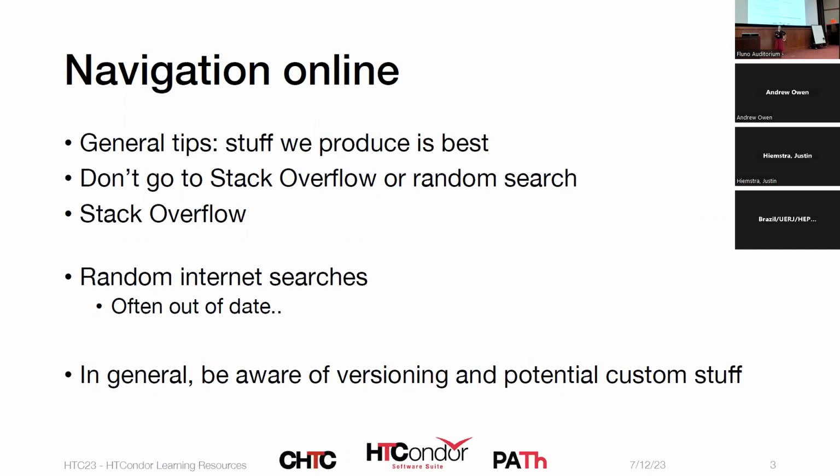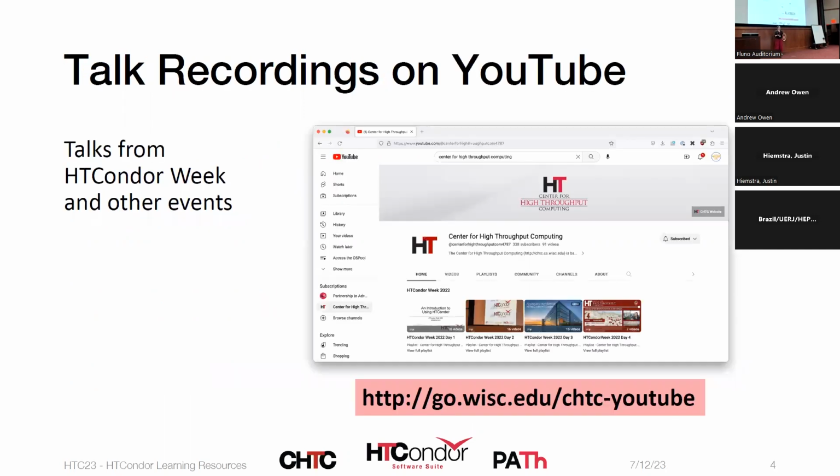And just in general, be aware of versioning when you're looking for information, and of potential customization. So I wouldn't even necessarily recommend the CHTC user documentation as your one true way to have user docs, because we have our Condor set up a specific way. So these are just things to be aware of.